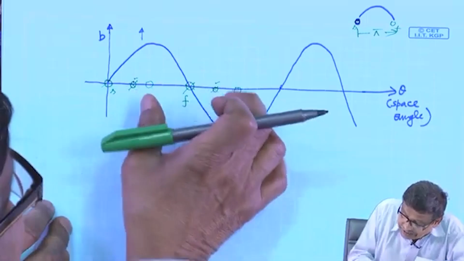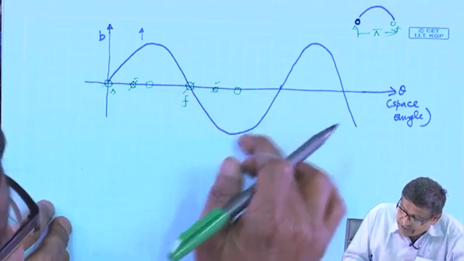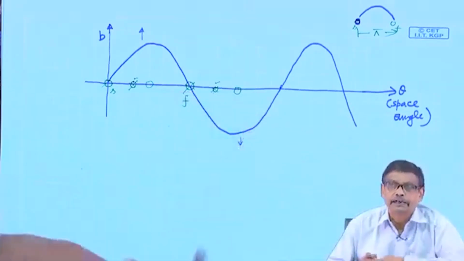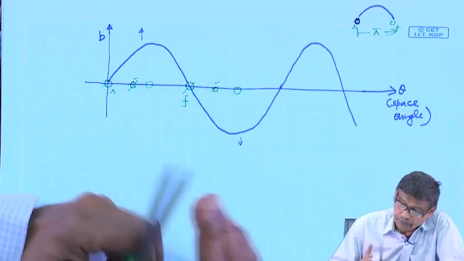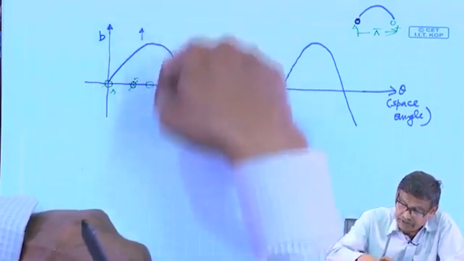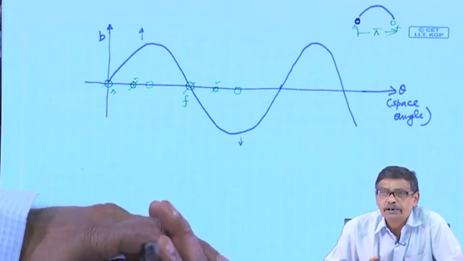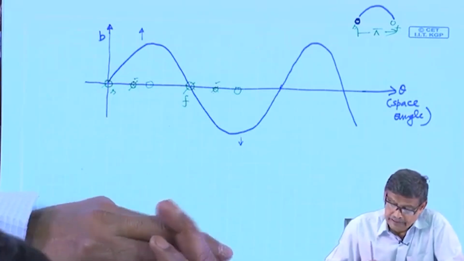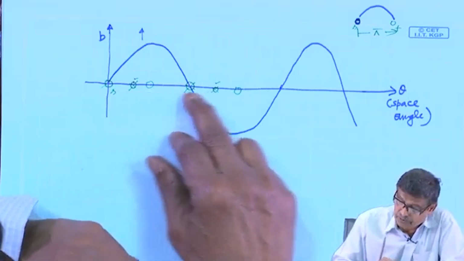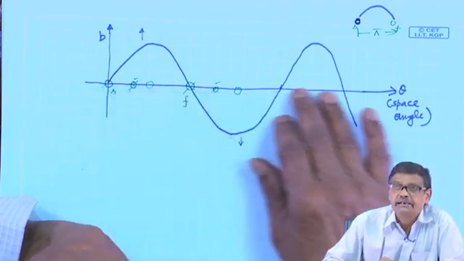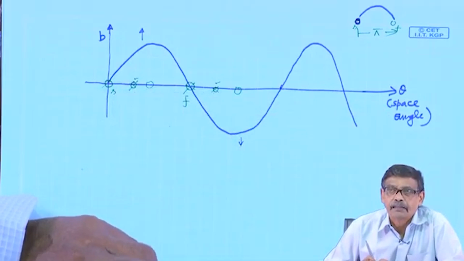And once again, if it moves further, the flux linkage will be on the negative side. Therefore, with time, the flux crossing the plane of the coil is a time varying quantity, and the induced voltage will be changing like this. Okay.